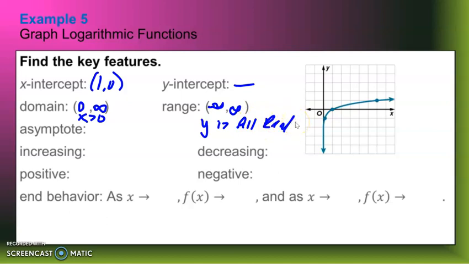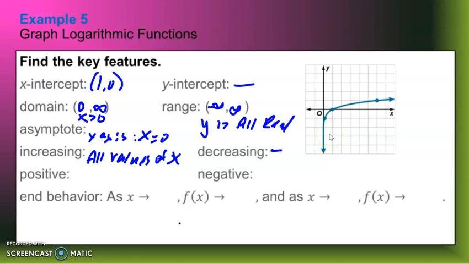The asymptote is the y-axis, or you could say x equals 0. It's increasing for all values of x. That just means when I go from left to right, it's always increasing. This one's never decreasing from left to right.